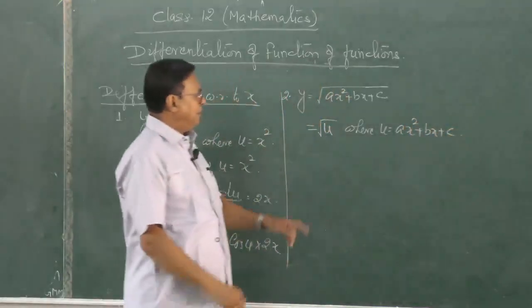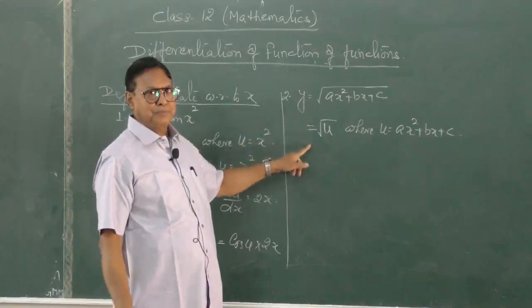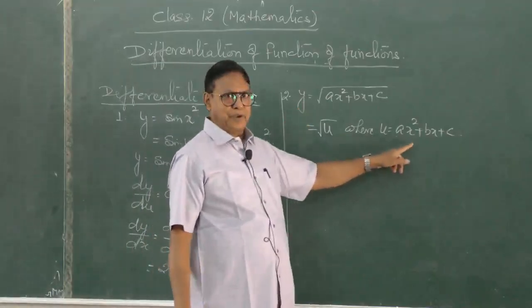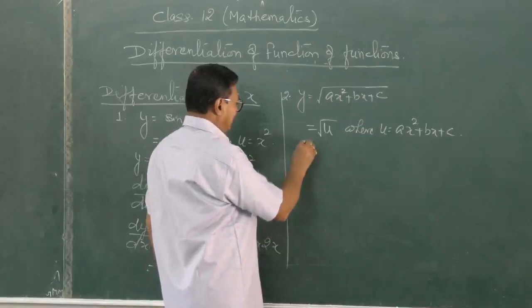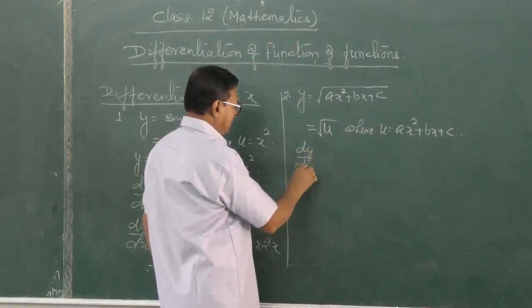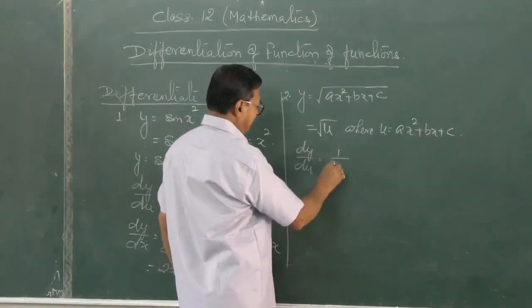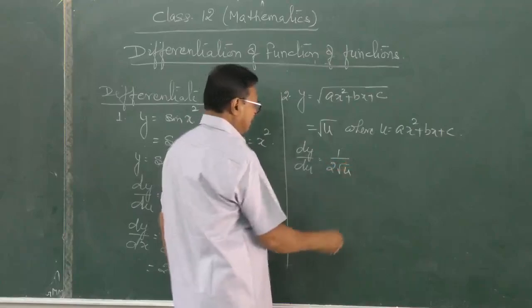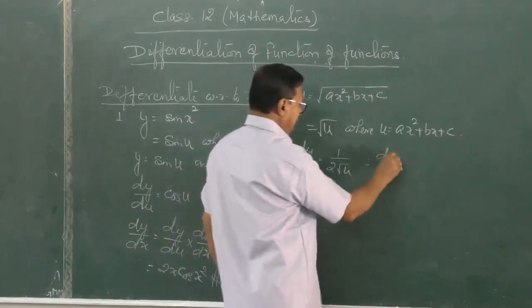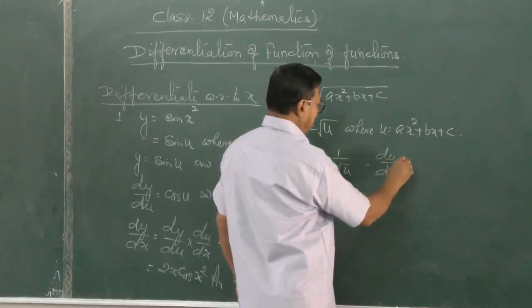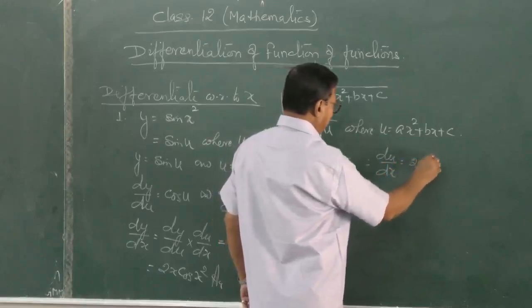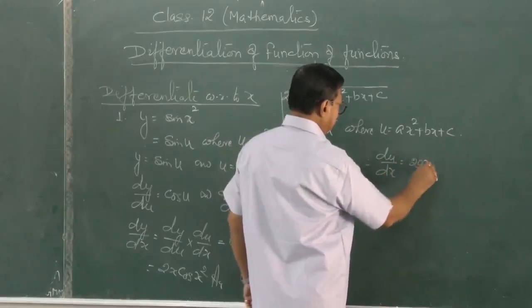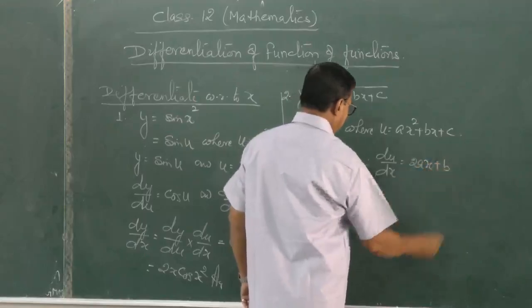So y is a function of u, and u is a function of x. So we get dy by du. I said, remember this the other day. This is this. du by dx is 2ax plus b.